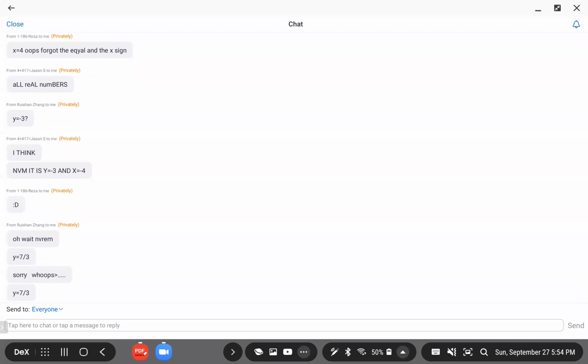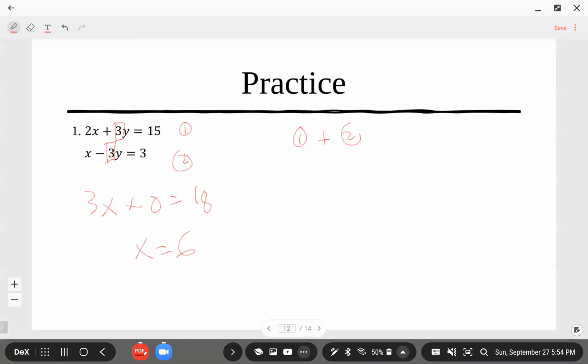Rayshen says, never mind, y equals 7. Okay, so let's see if that's true. So we know that x equals 6. Let's erase this, and then we can plug that in to this second equation, x minus 3y equals 3.